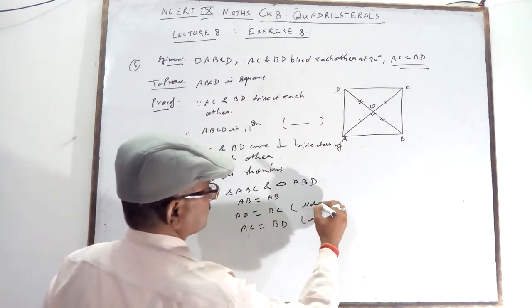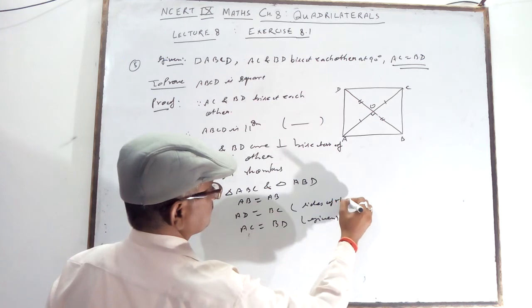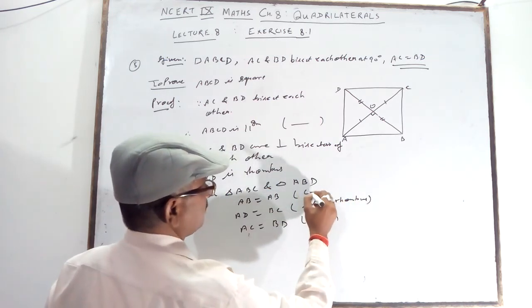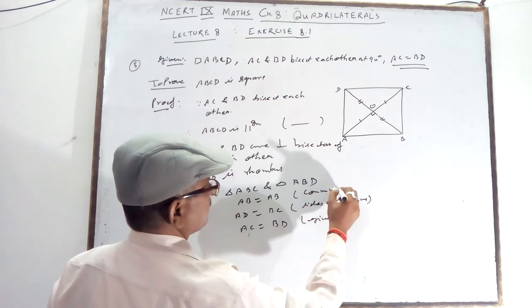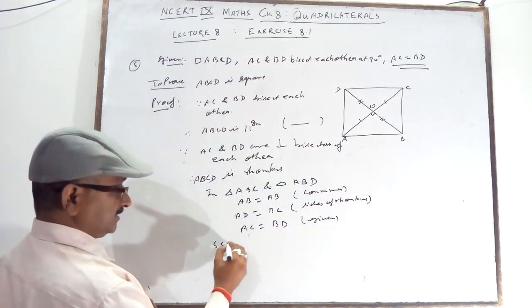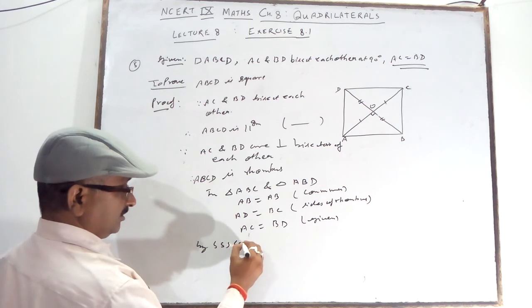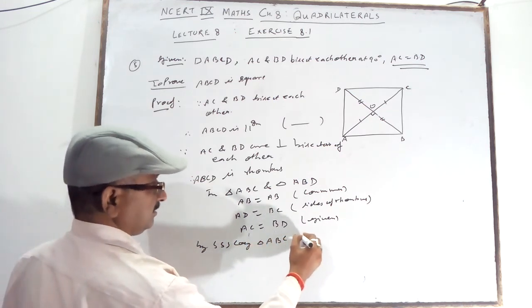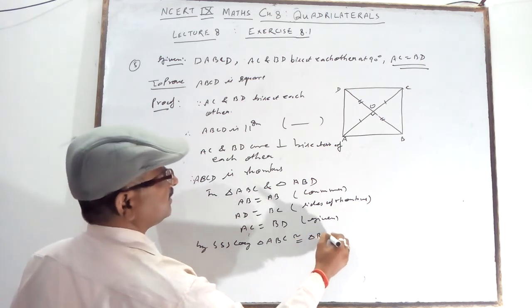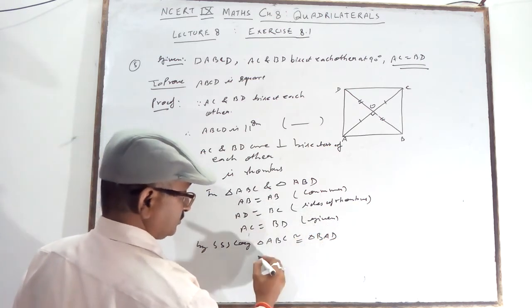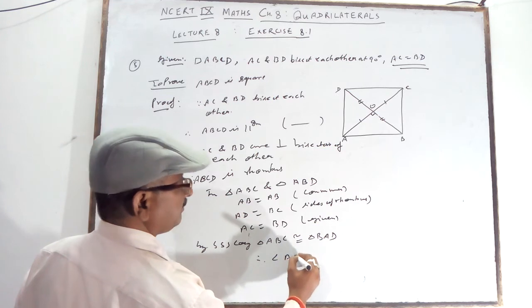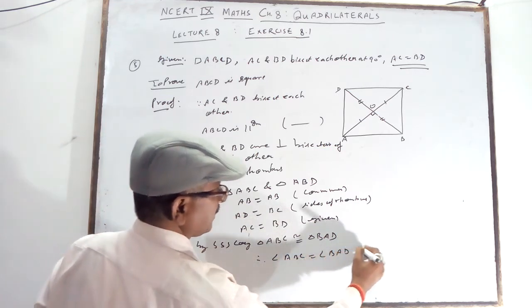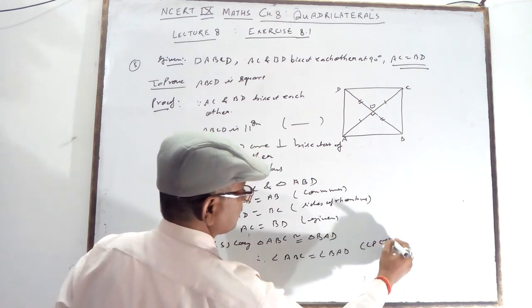So you will get by SSS congruency triangle ABC congruent to triangle BAD. So angle ABC is equal to angle BAD by CPCT.